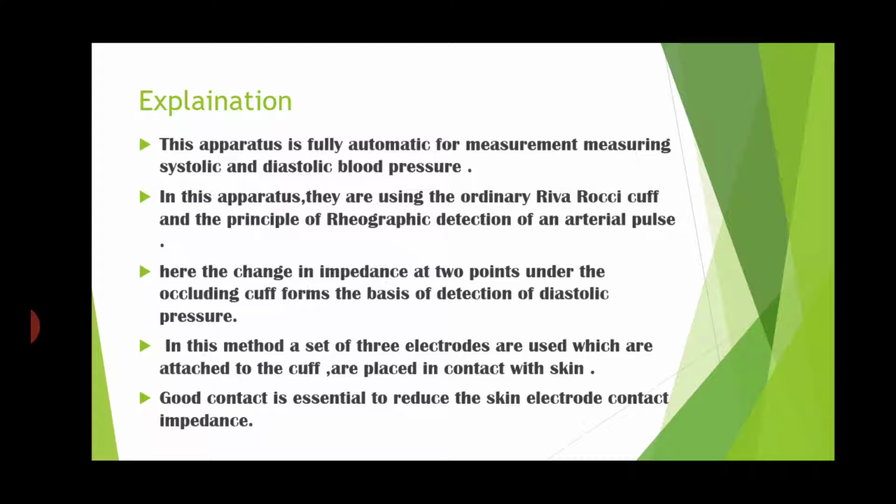Here the change in impedance at 2 points under the occluding cuff forms the basis of detection of diastolic pressure. In this method, a set of 3 electrodes are used, which are attached to the cuff and placed in contact with the skin. Good contact is essential to reduce the skin electrode contact impedance.